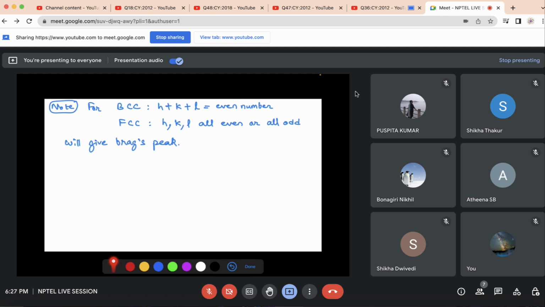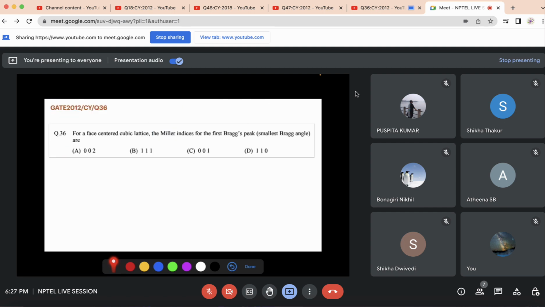So let's move into our problem that was given. For a face-centered cubic unit cell, we are given FCC. The Miller indices for the first Bragg's peak. To get the Bragg's peak, we know that our HKL must be either all even or all odd, correct?